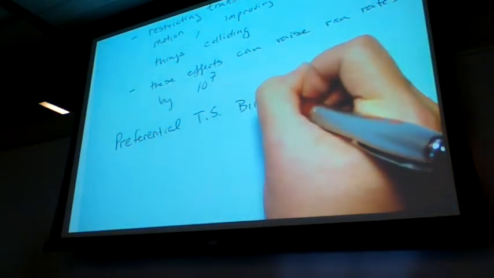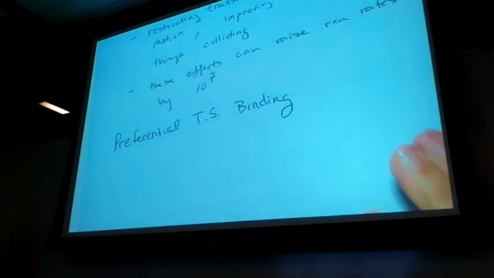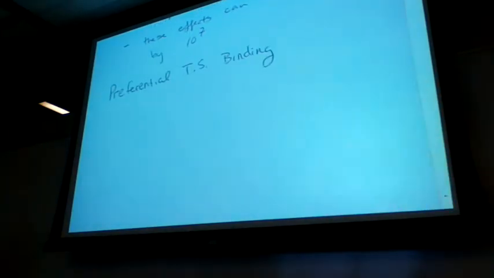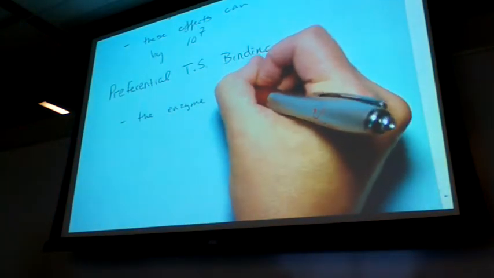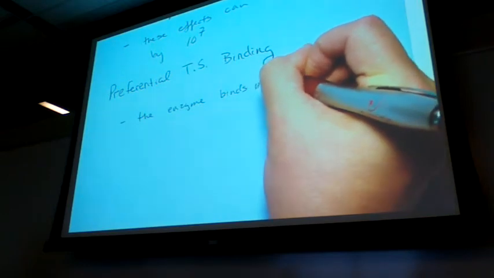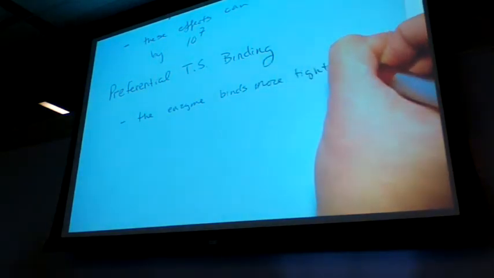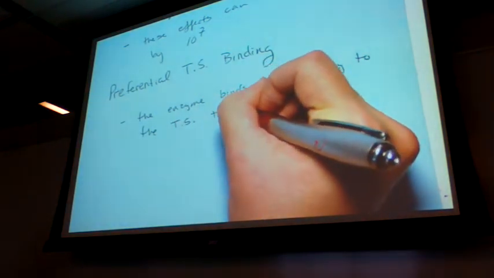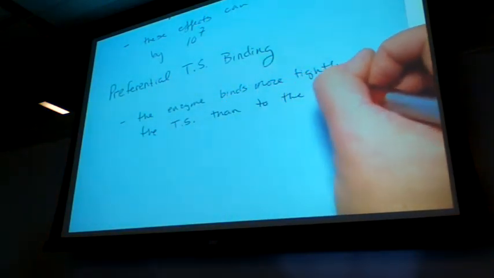And then the last one is the hardest one to know. So preferential transition state binding. And in this case, the enzyme binds more tightly to the transition state than to the substrate or the product.